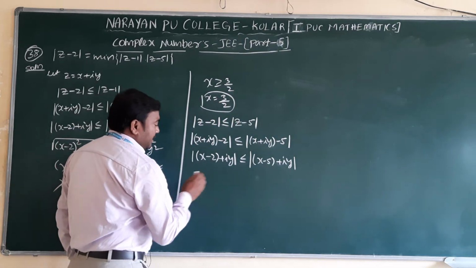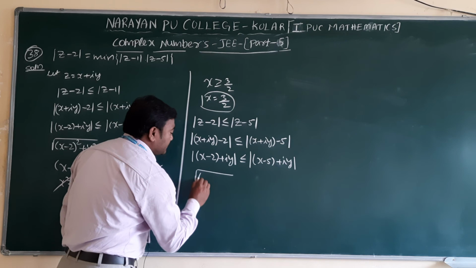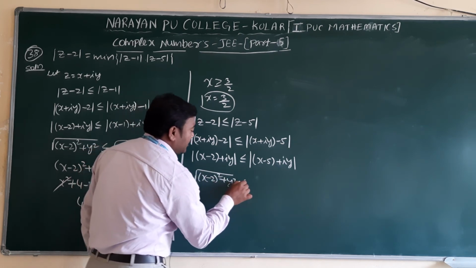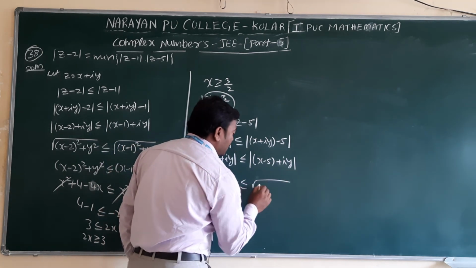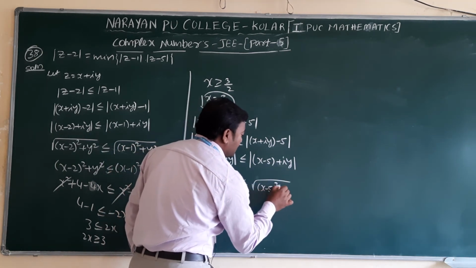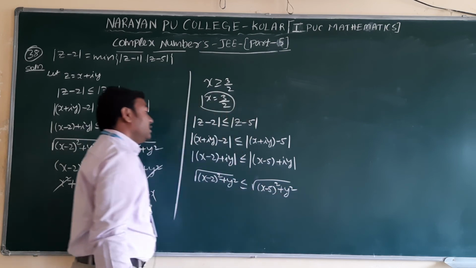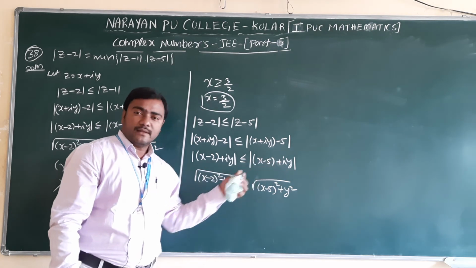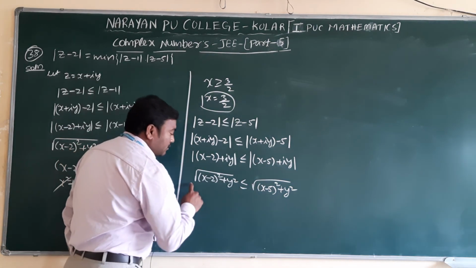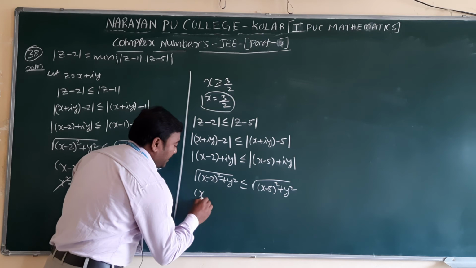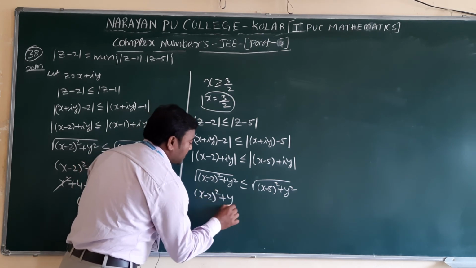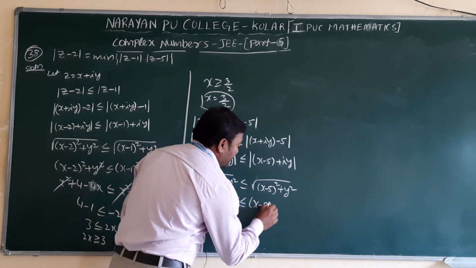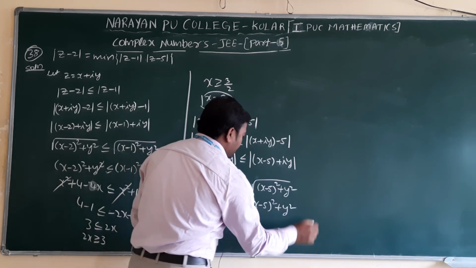Now applying modulus, square root of x minus 2 whole square plus y square is less than or equal to square root of x minus 5 whole square plus y square. Now square root and square root get cancelled, remaining x minus 2 whole square plus y square is less than or equal to x minus 5 whole square plus y square.